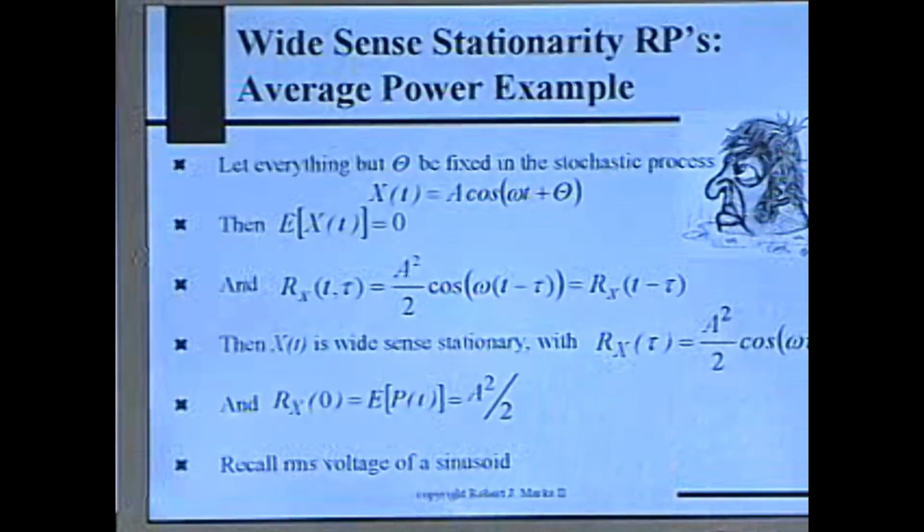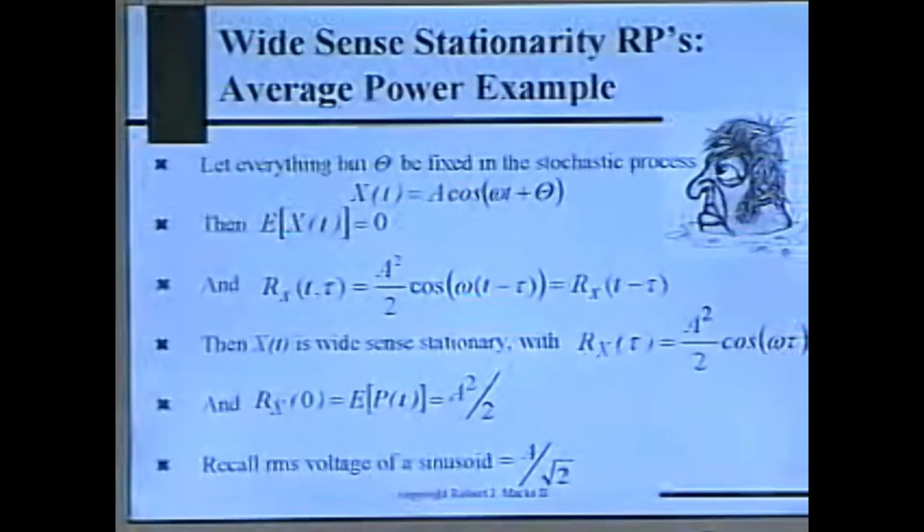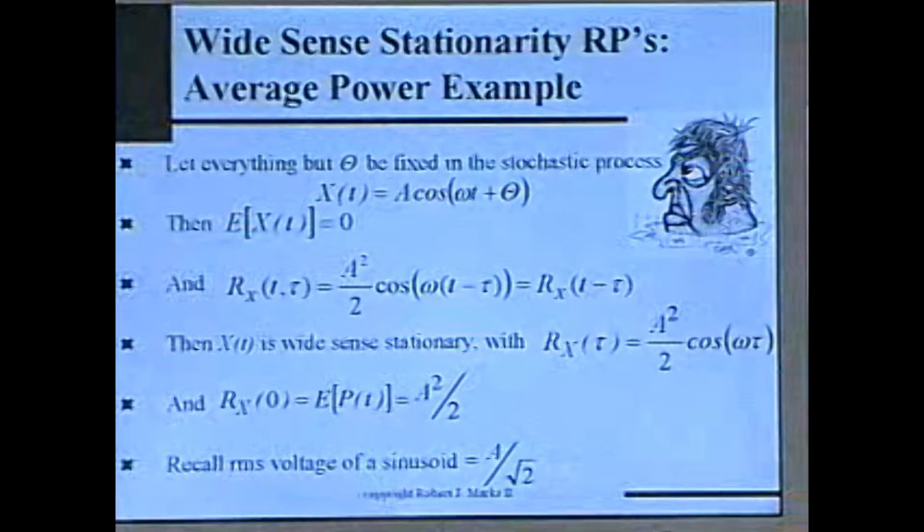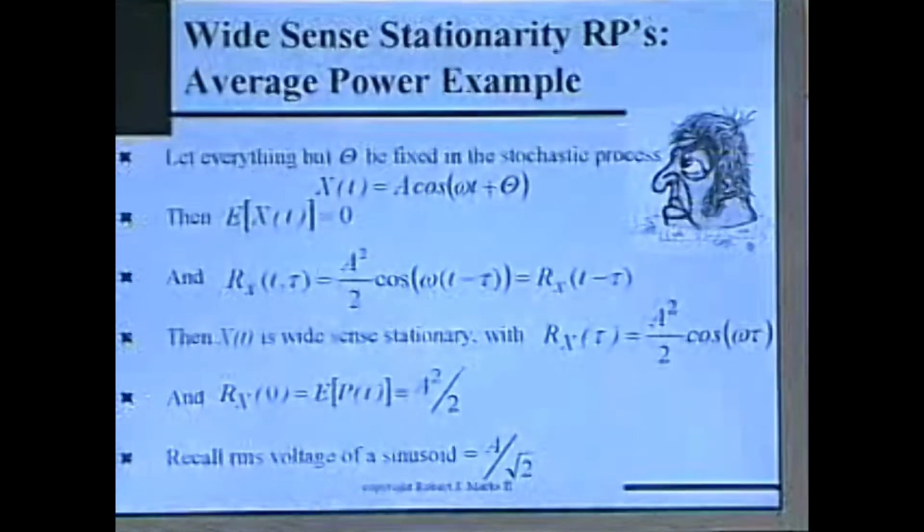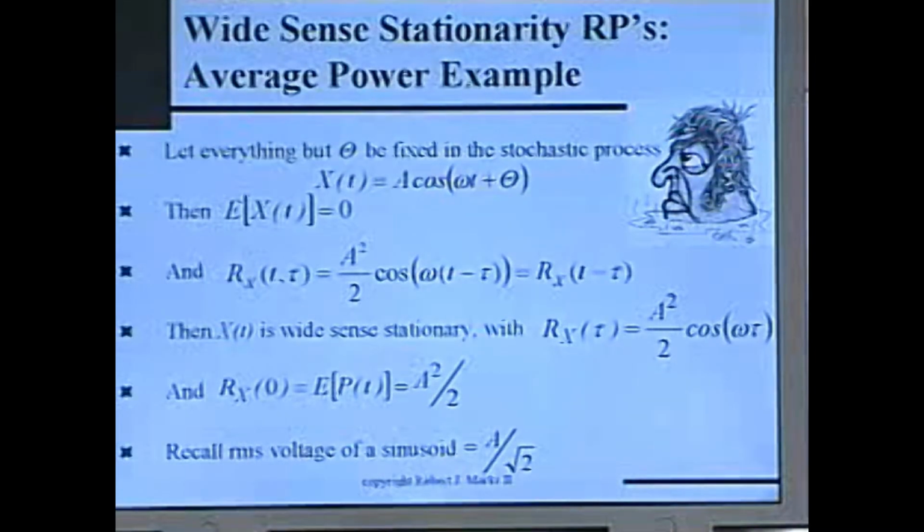So that means the RMS voltage is equal to a over root 2. Have you seen that before? Yeah, that's in very elementary electrical engineering. When you look at a sinusoid and you ask for the RMS value of a sinusoid, you get the amplitude over root 2. You remember that? Okay, same exact result, except now we've derived it through this random variable, stochastic process way of doing things. So this is the amplitude you'd feel, and that's what would knock you on your feet, the a squared over 2.